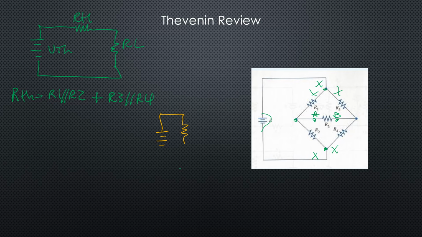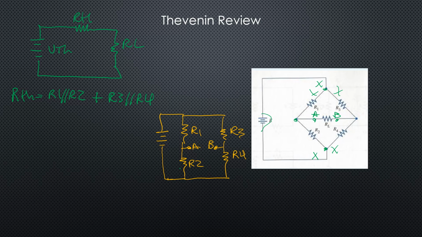Because the load is pulled, we have this point A, point B. That's where our load is connected. So we want to find the voltage from point A to point B.